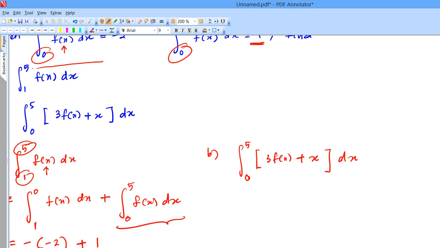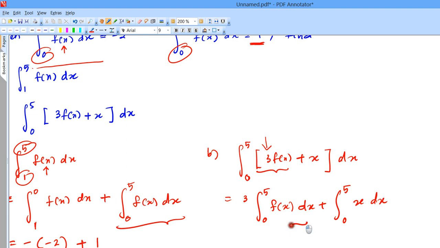First of all, we can separate the terms. For the first term we have a constant 3, so 3 times the integral from 0 to 5 of f(x) dx, plus the integral from 0 to 5 of x dx.